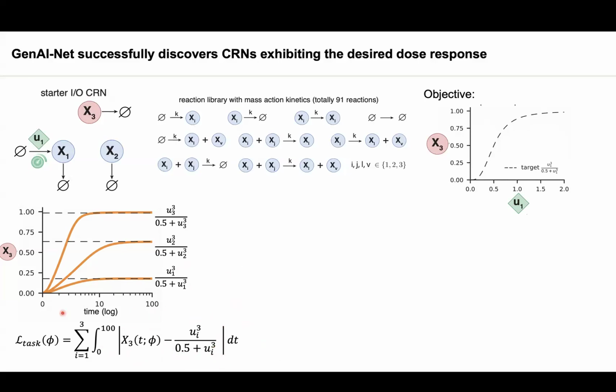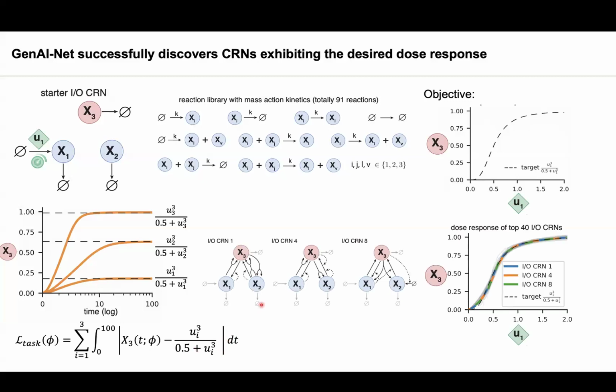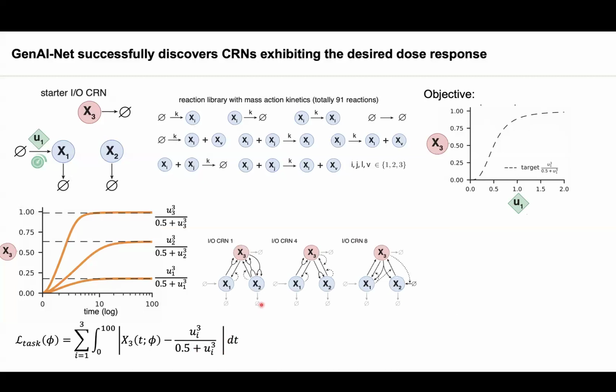Using this loss function, GenAI-Net generated 40 theorems, and as an example, we can observe these 3 representative theorems, and they look really complex.